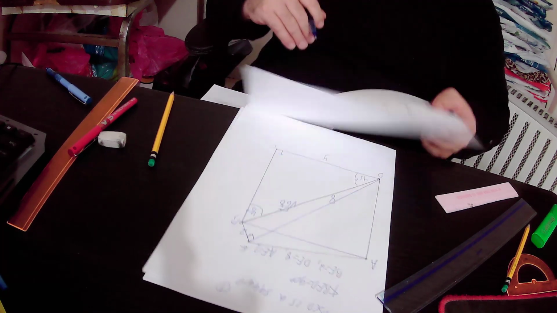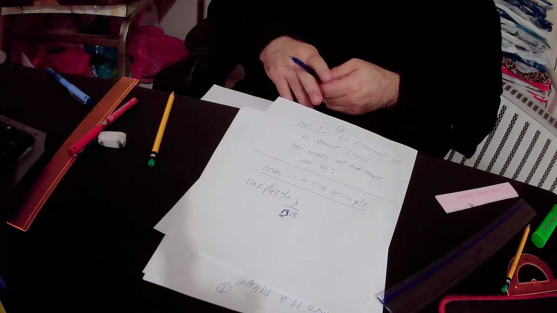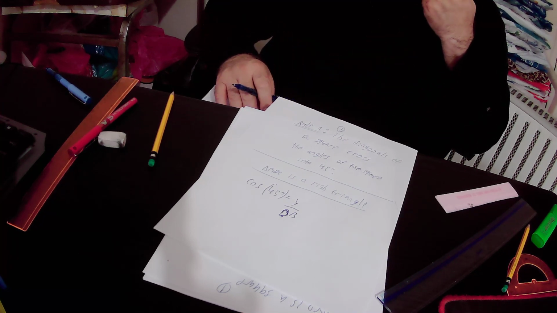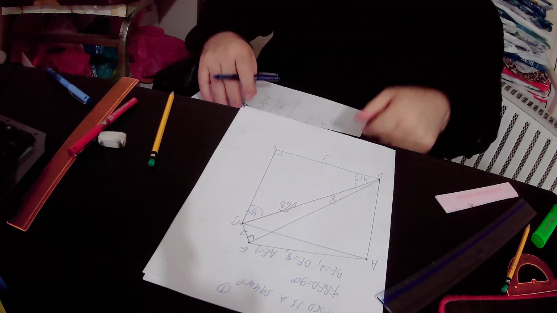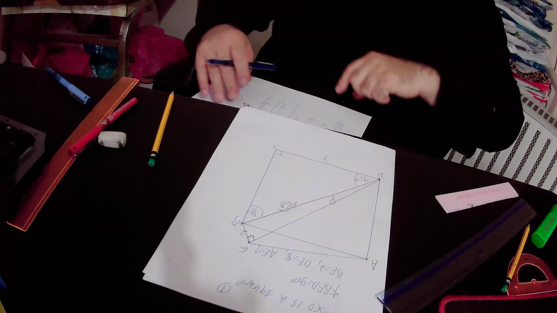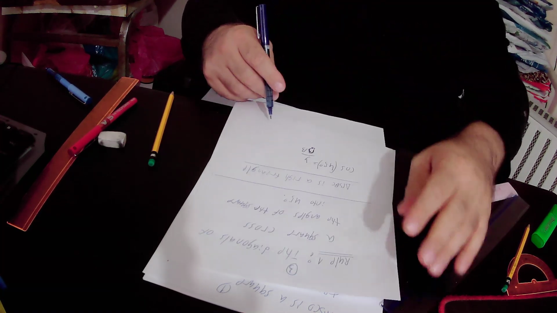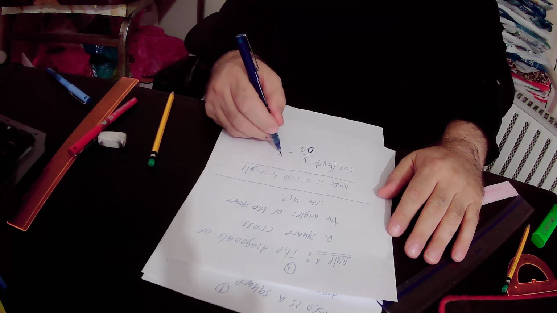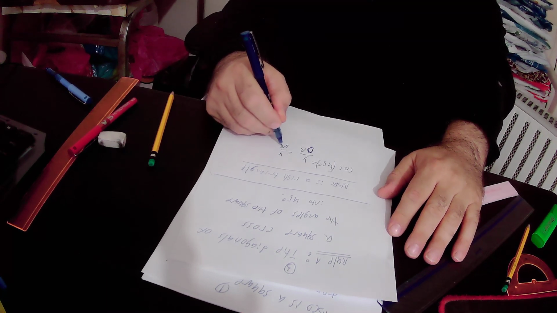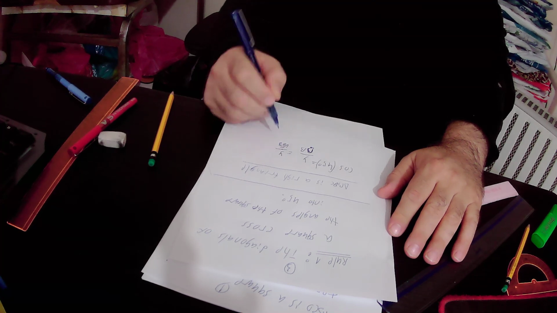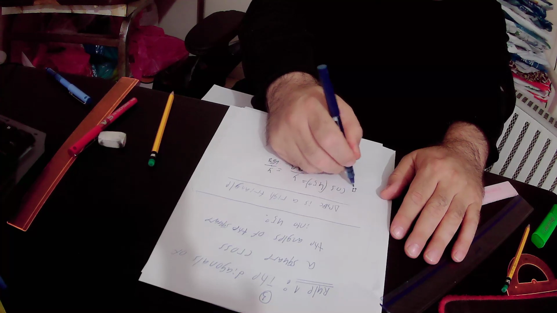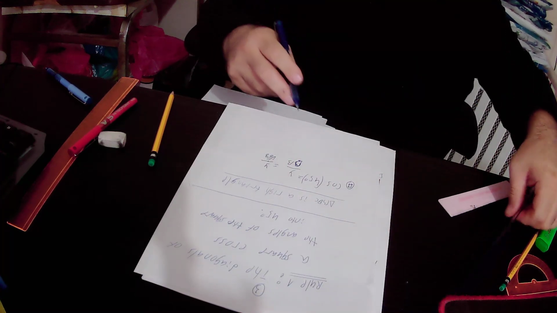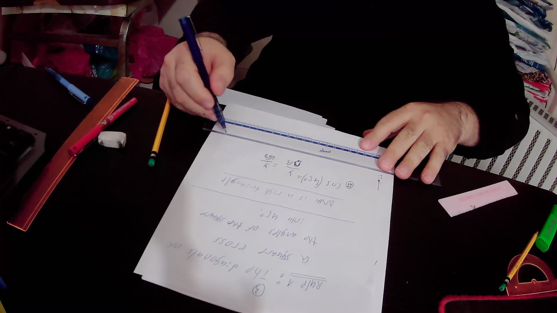I will repeat again. In the right triangle DBC, cosine 45 degrees equals y over DB, but we know that DB equals the root of 68, so we can write here that it equals y over root of 68. So here we will multiply equation number 2 by the root of 68.